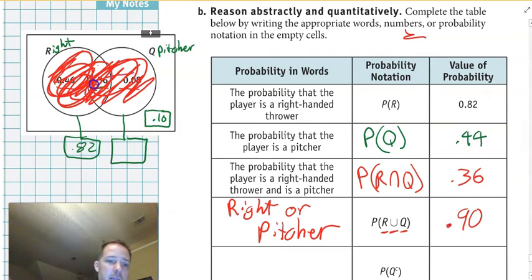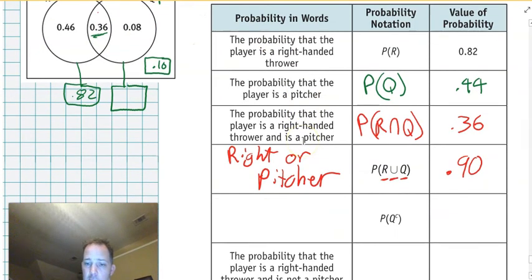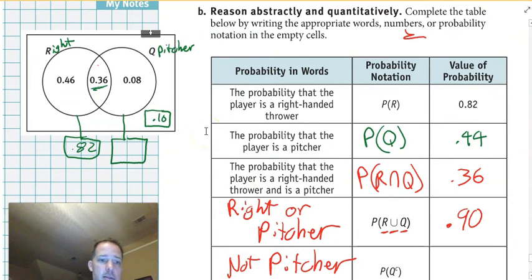All right. Next one, here we have a complement of Q. So that means not a pitcher. And since we got this one already was 0.44 for a pitcher, the probability of it being not a pitcher has to be the rest.